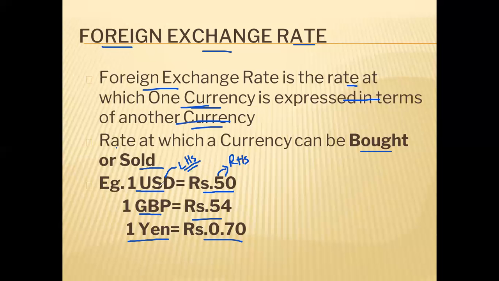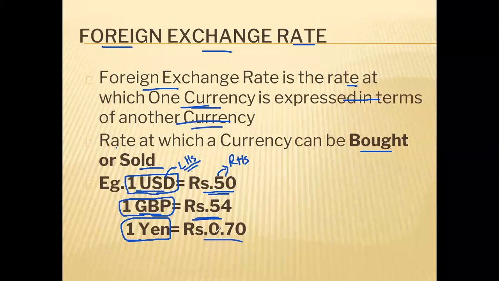Here we will use the term exchange rate for the US dollar, because left hand side is US dollar, so US dollar's price is given here. Here we will say exchange rate for the Great Britain pounds. Here we will say exchange rate is given for the Japanese yen. You will have to see the left hand side currency and its rate will be given in the right hand side.